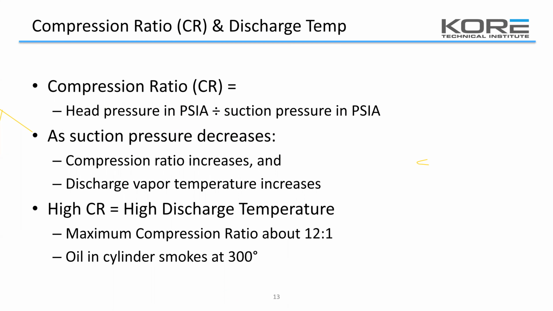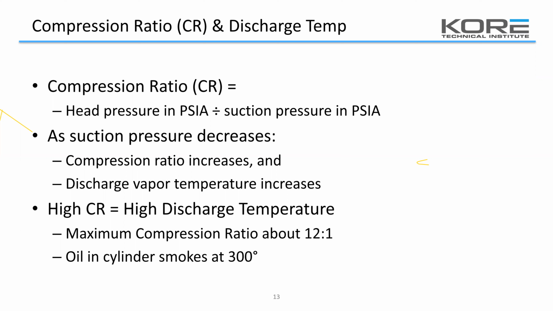So moving on, let's talk again about the discharge temperature, what happens when we start changing our compression ratio. So the compression ratio again is the absolute head pressure divided by the absolute suction pressure. And as the suction pressure decreases, the compression ratio increases.